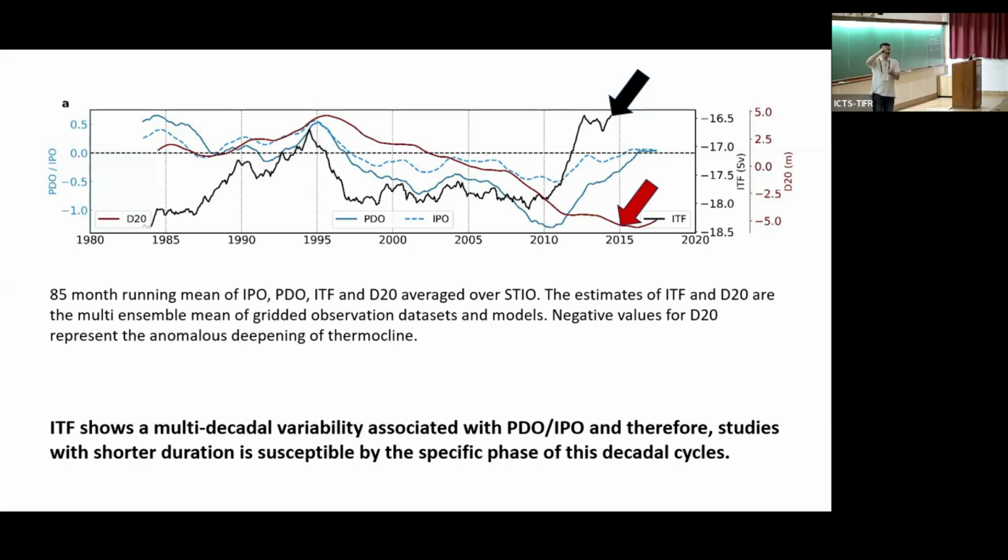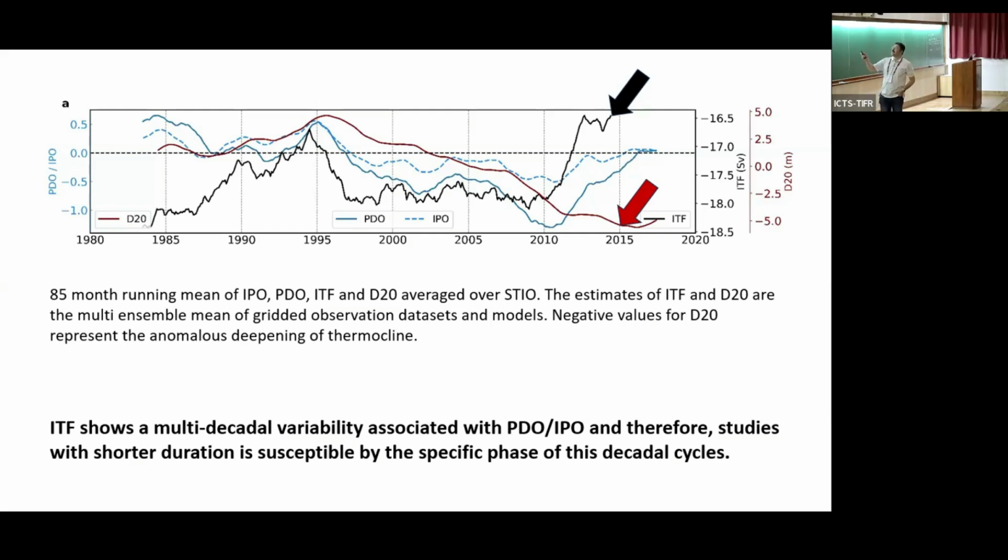So the Indonesian throughflow has strengthened. It pushed the water to the South Indian Ocean, and that led to the upper water column becoming warm, and the D20 became deeper. So negative means it is going deep.